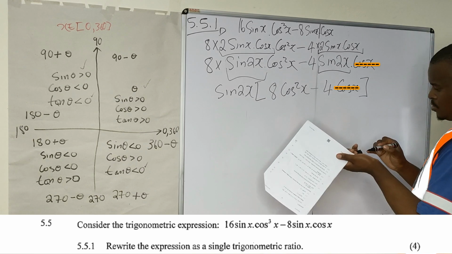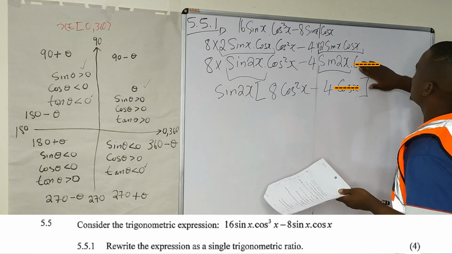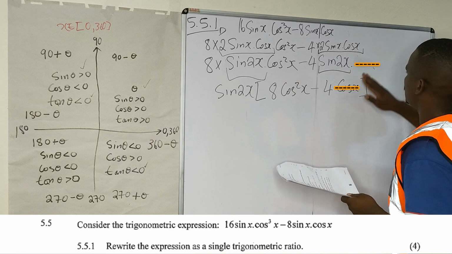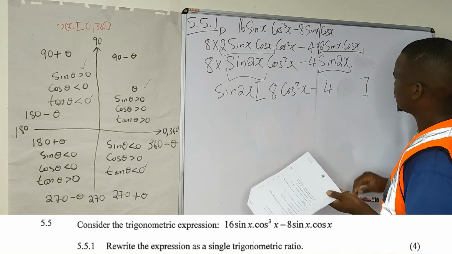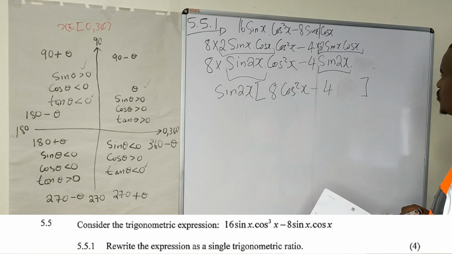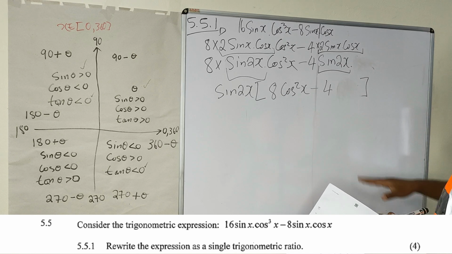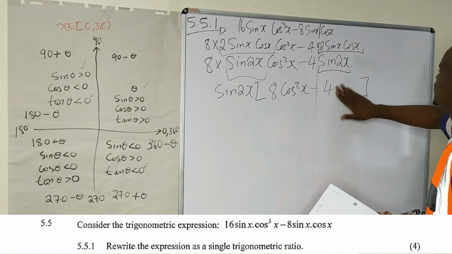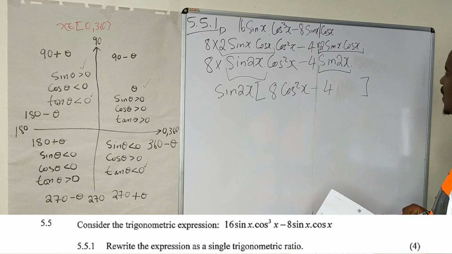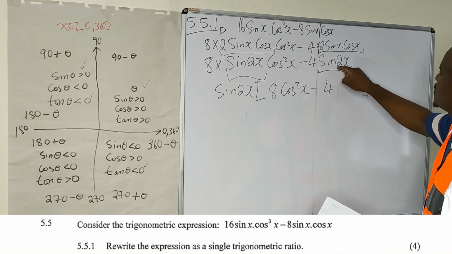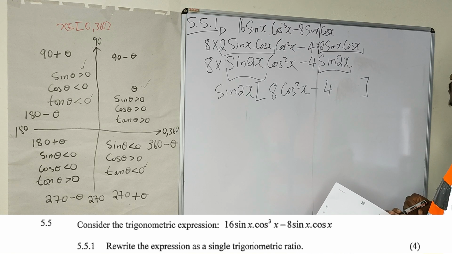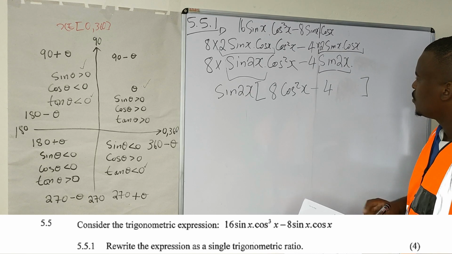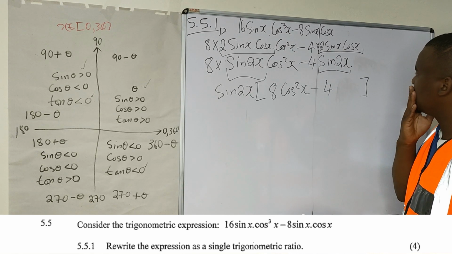No, there's no cos x here, because the cos x is swallowed by this thing. So we're left with this minus 4. This is what we're left with. There's no sine x here. And then, of course, the x is part of this. So you can take 4 as a common factor as well.